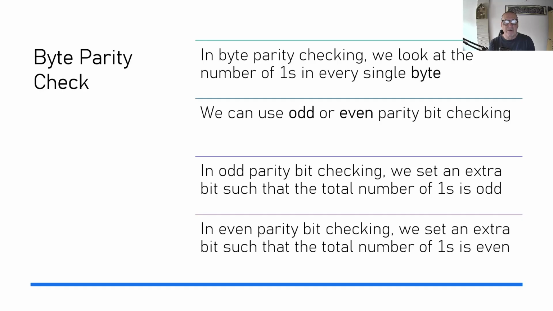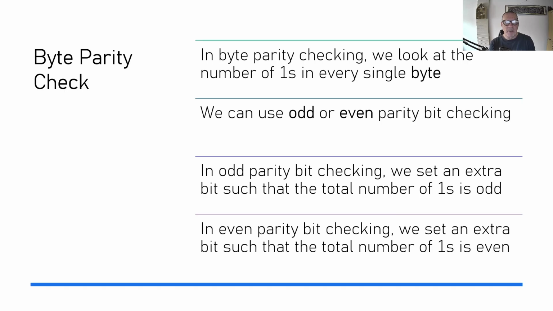So for every byte that you want to send, you have to add a parity bit. We can use odd or even parity bit checking. For example, this works with, say, ASCII. Original ASCII with 7 bits. The 8th bit could be used as a parity bit. The most significant bit on an ASCII value could be the parity bit.